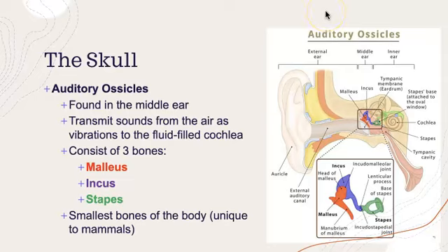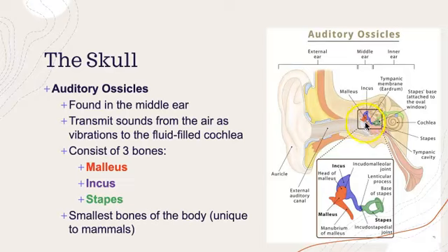Let's talk about the auditory ossicles, or the small bones of the ear. We find this in the middle ear. So if we are looking from the outside of our head here where we see the ear, this opening here would serve as our external auditory canal, and it leads to the middle ear, like we said. So at the very end of our external auditory canal, we find the tympanic membrane, or what most of you know as the eardrum. And that eardrum is going to attach to these 3 small bones.